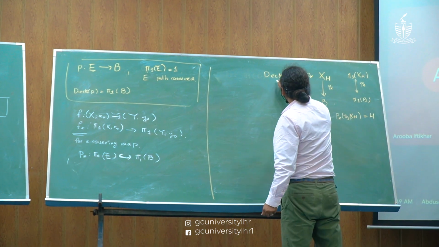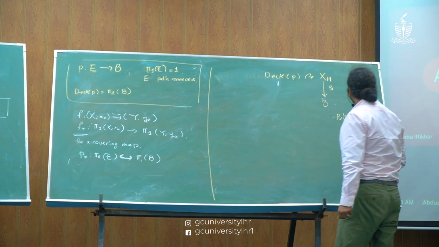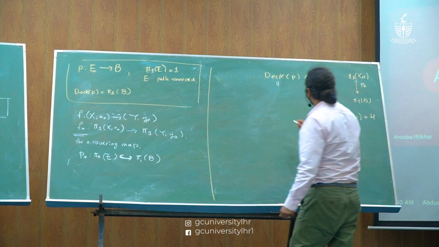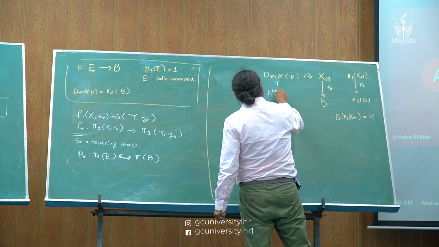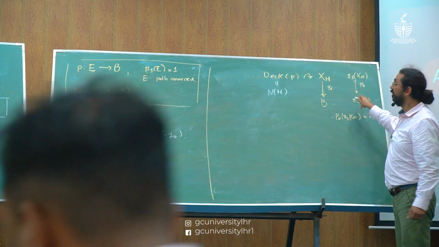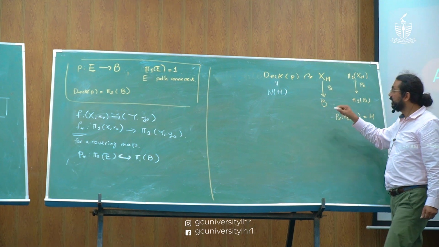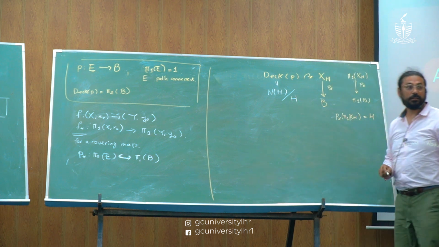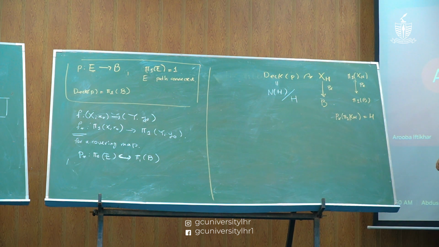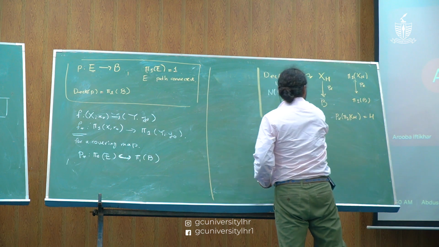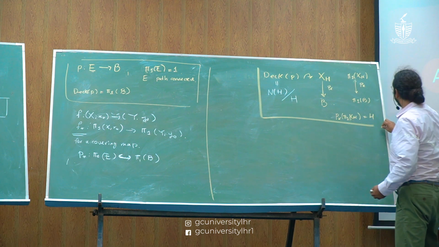This will be exactly the normalizer of H, the quotient with H. Okay? And this is the general scheme that we will have for covering maps.